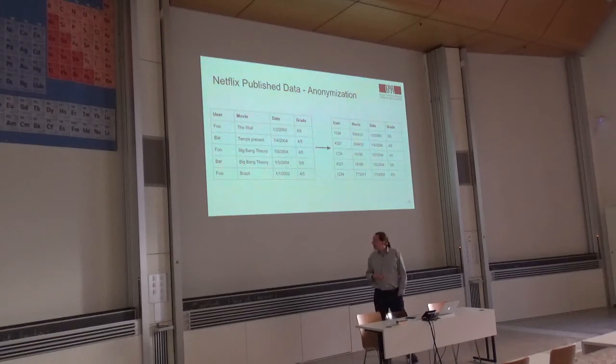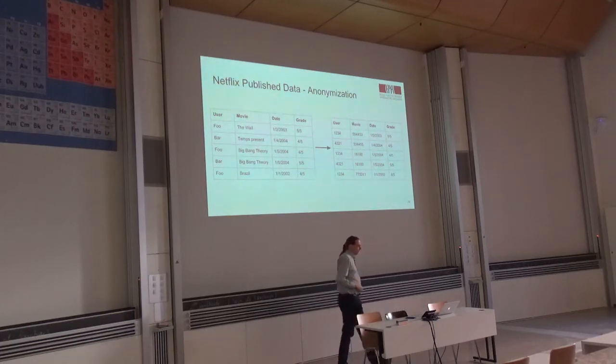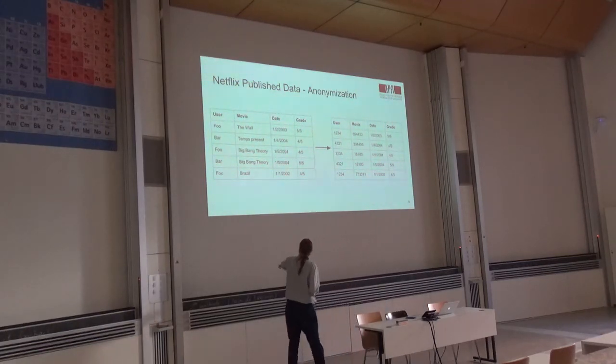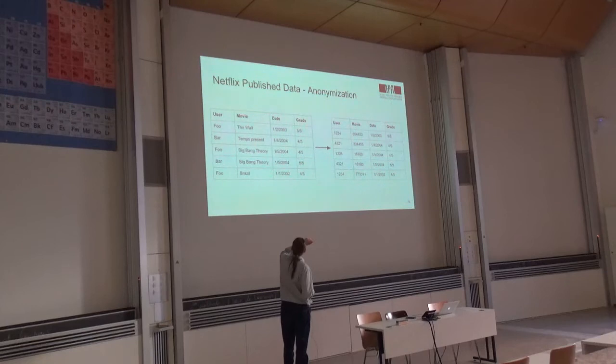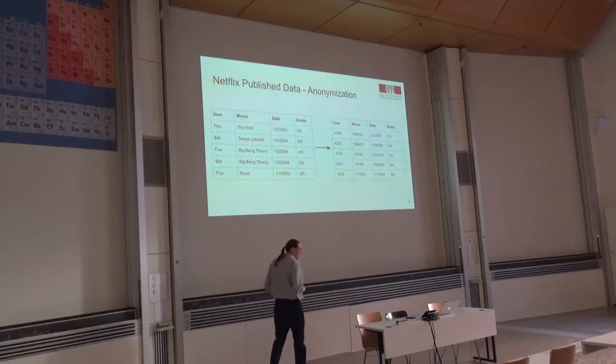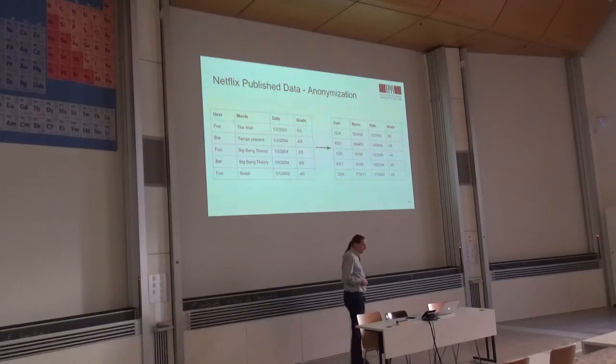So here's basically the big picture of what Netflix did to the data. They had internally this database saying, user foo watched The Wall at this particular date and rated it that, and different users watched different movies and rated them in different ways.